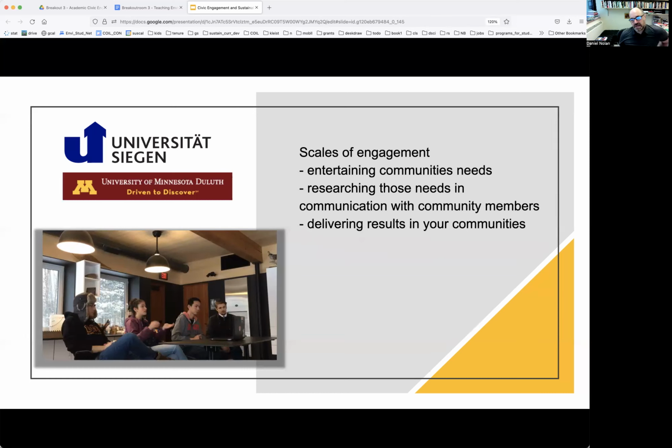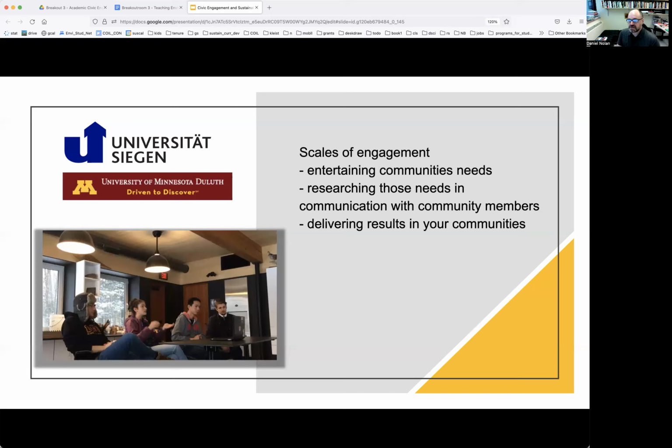So what are those scales of engagement that I mentioned? We don't need to do a project. You don't always have to do projects that produce something for your communities. Certainly that's valuable, but in getting started, even in first and second year courses, you can develop materials that call on your students to consider what the value of the things you're learning in German-speaking cultures could be for your community.